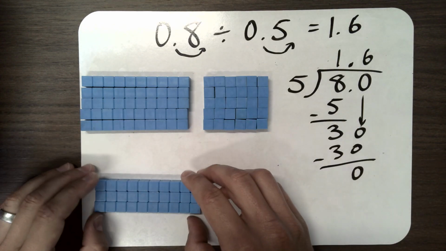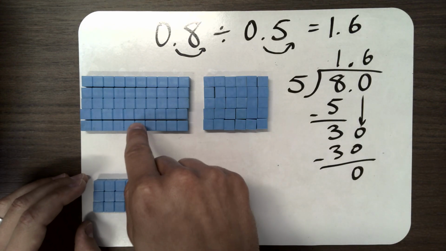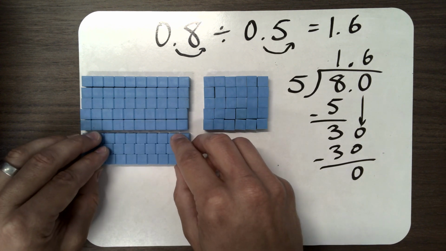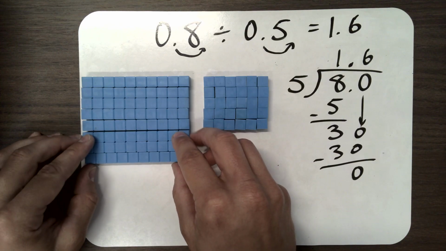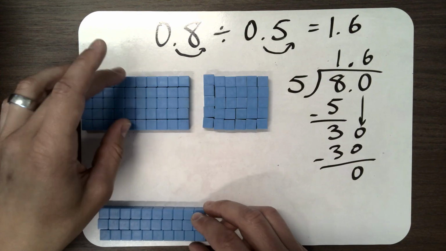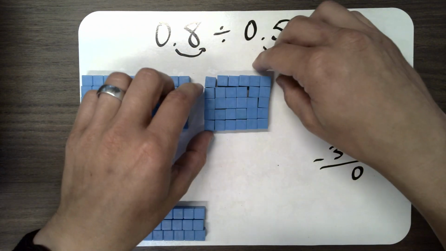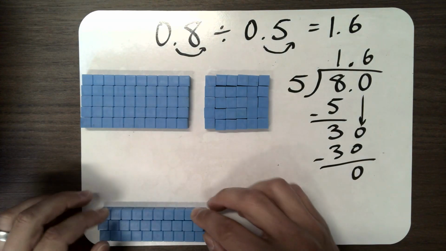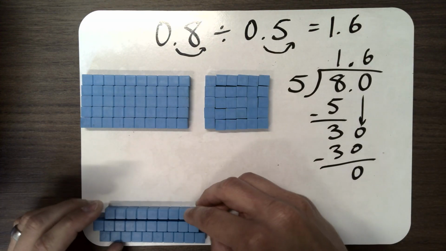We shifted everything one unit larger, so instead of being tenths, each of these just represented 1. So if we have 8 strips divided into groups with a size of 5 strips, here we have 1 group, and then here we have 6/10 of that group, because we have 6/10 of that first strip, 6/10 of the second strip, and so on.